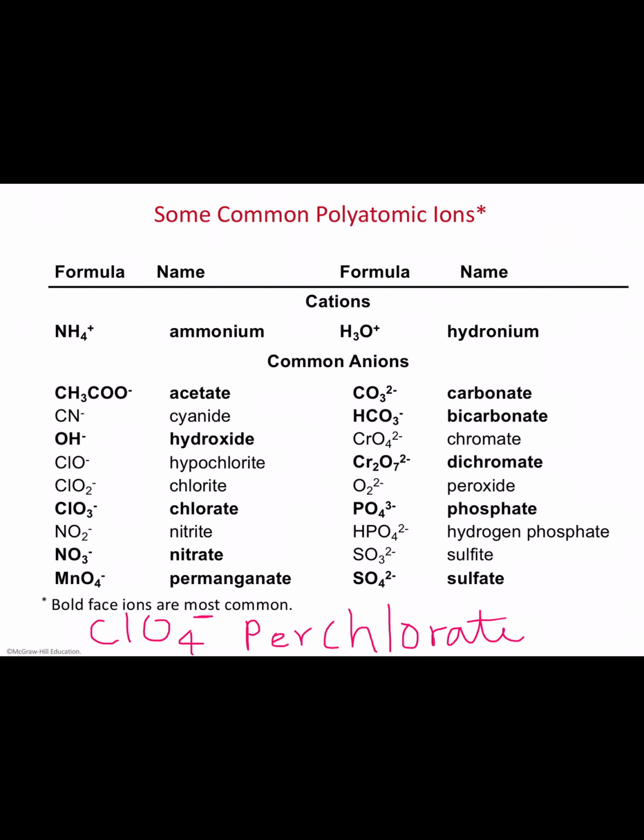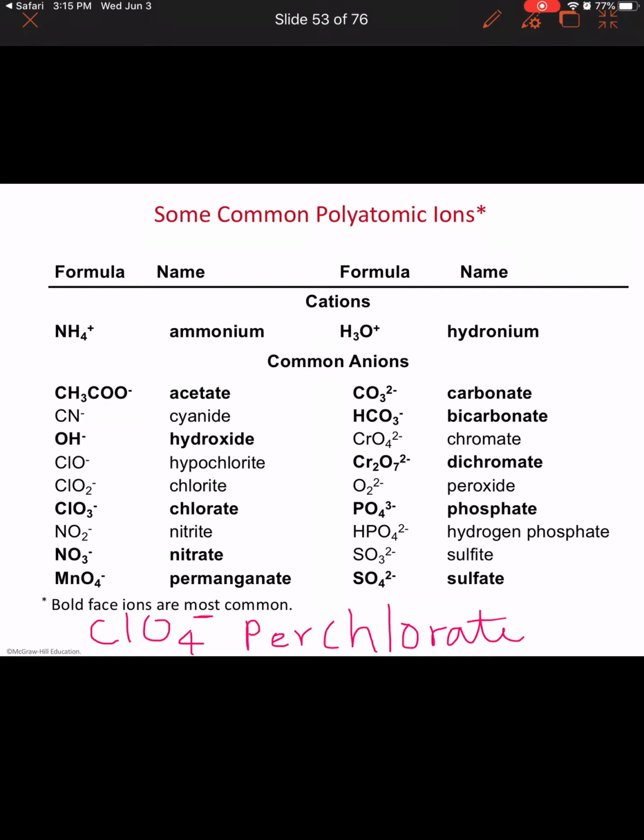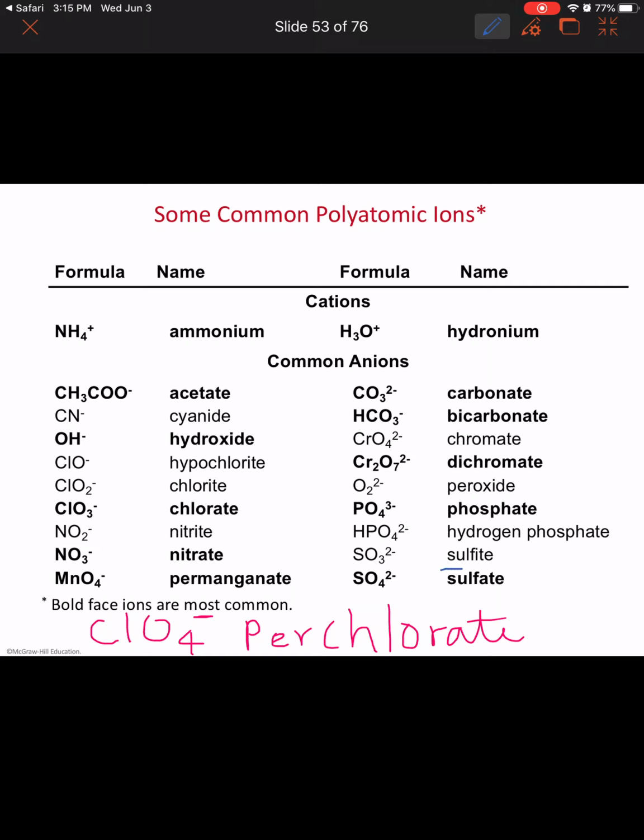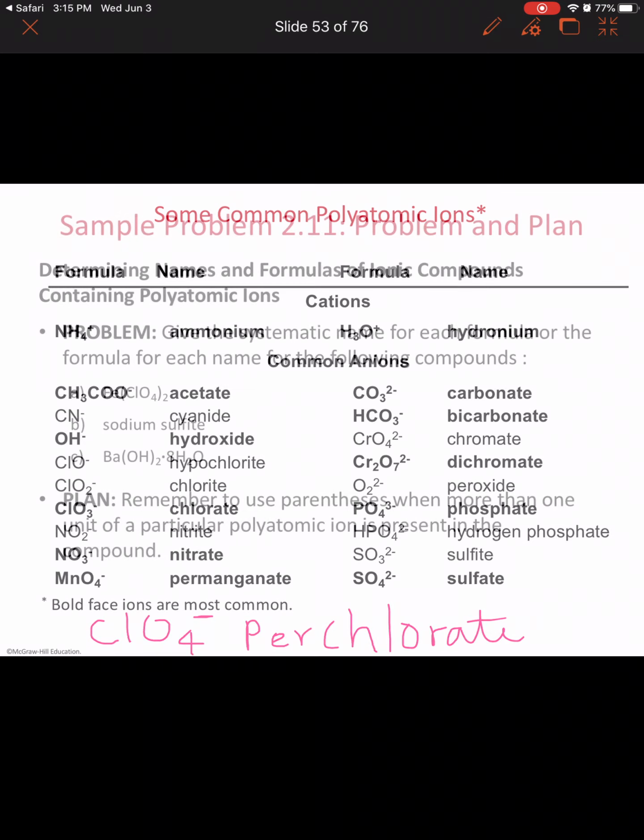It's not sulfide. The ending -ide is for the element you directly get from the periodic table as a nonmetal, but when it is sulfite, you can see here sulfite is this one right there. It's a polyatomic ion, SO3 2 minus, sulfite. So you refer to that, SO3 2 minus.